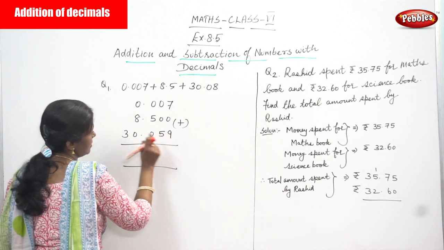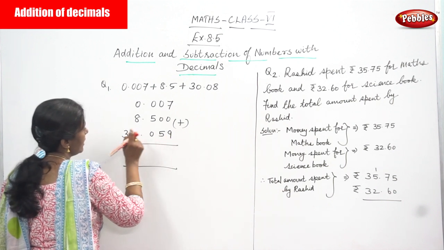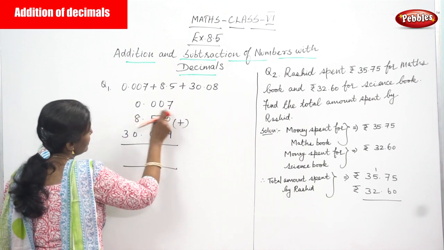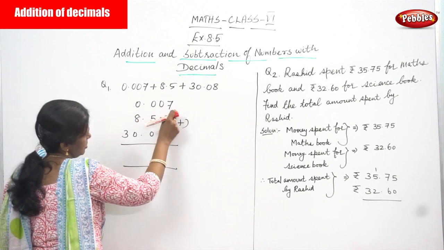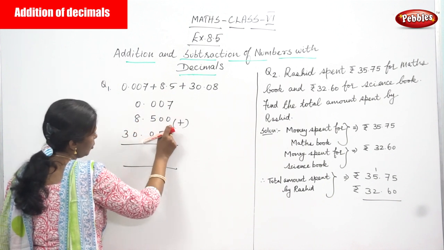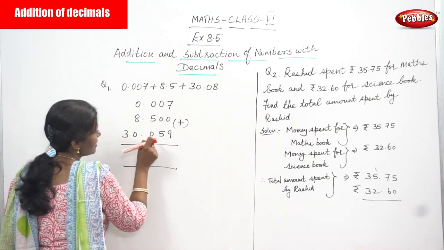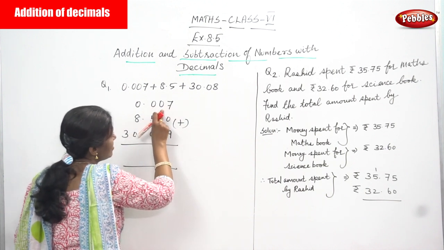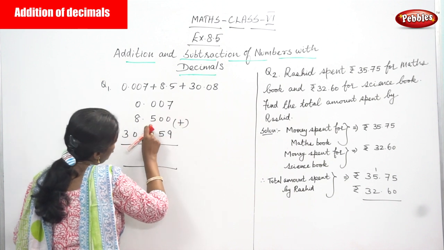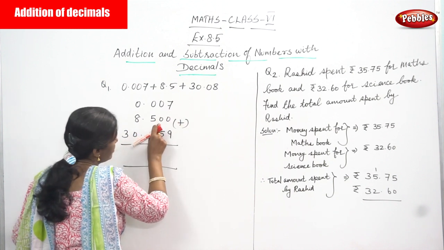We must read like this. Again I'll read this number: 0.007, 8.500, then 30.059. This is tenths, hundredths and thousandths.